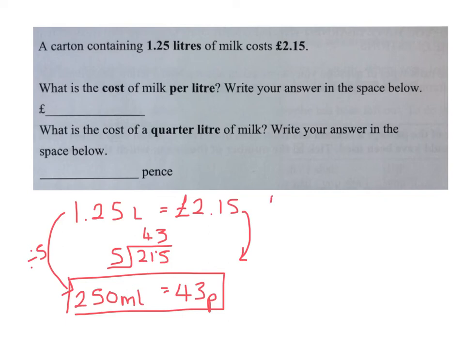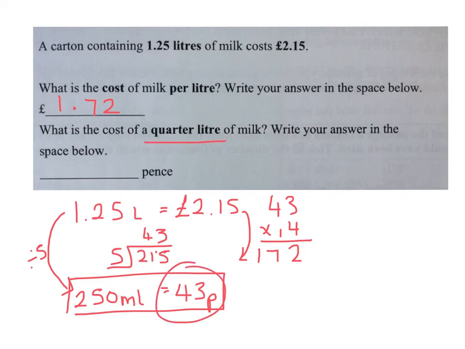So 43 multiplied by 4. 4 3s are 12, 1 over. 4 4s are 16, plus your 1 is 17, and put that into money, £1.72. And we have already worked out the answer to the next question. What's the cost of 1/4 of a litre? And there it was, our 43p.